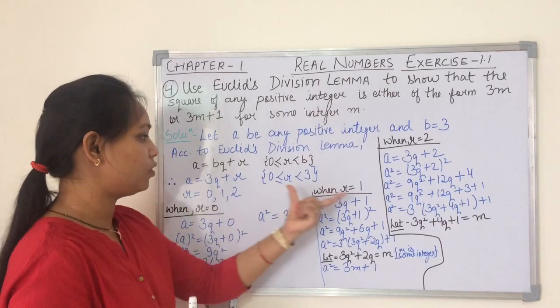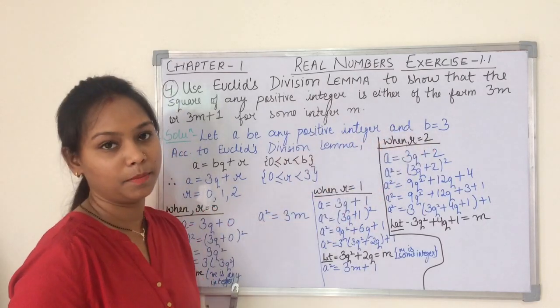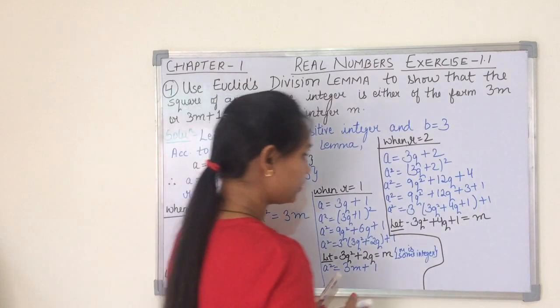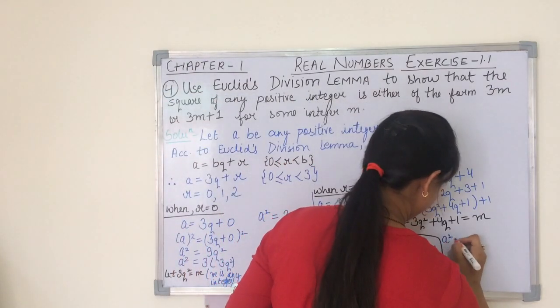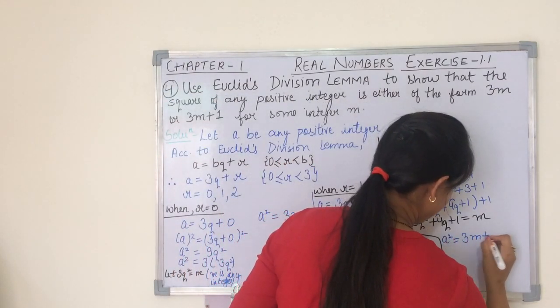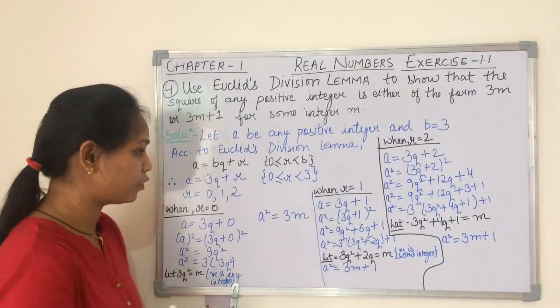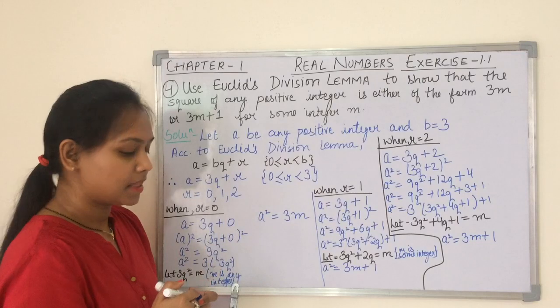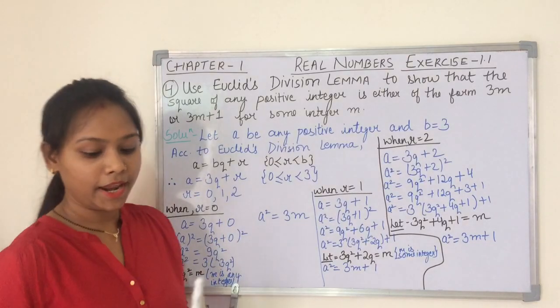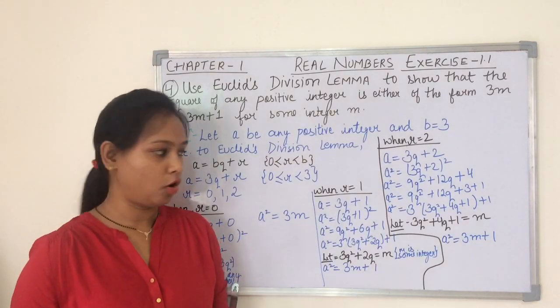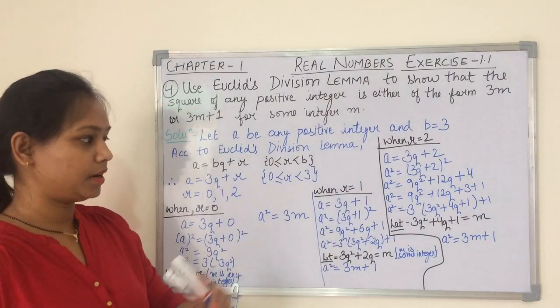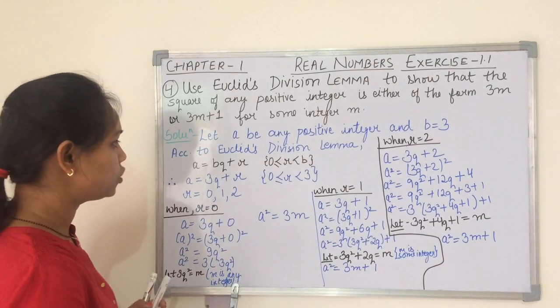Here the remainder was 0, here the remainder was 1, and here the remainder was 2. So the value of a square will become 3m plus 1. Now we have got from all three cases that the square of any positive integer is of the form 3m or 3m plus 1. So that was the solution.